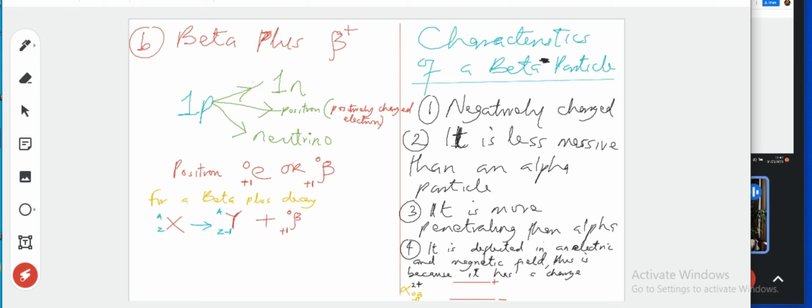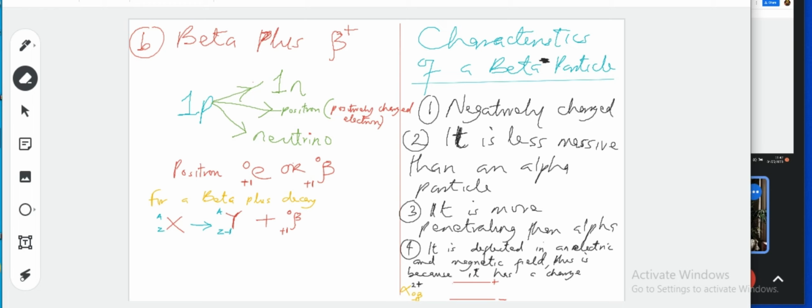Least ionizing is what? Gamma. Most ionizing is alpha, least ionizing is gamma. Beta is in the middle of the pack. Beta is less ionizing than alpha, but beta is more ionizing than gamma. Does it make sense? Yeah. Beta is just in between.